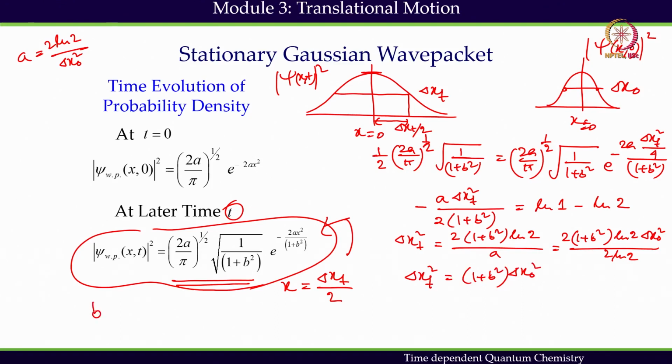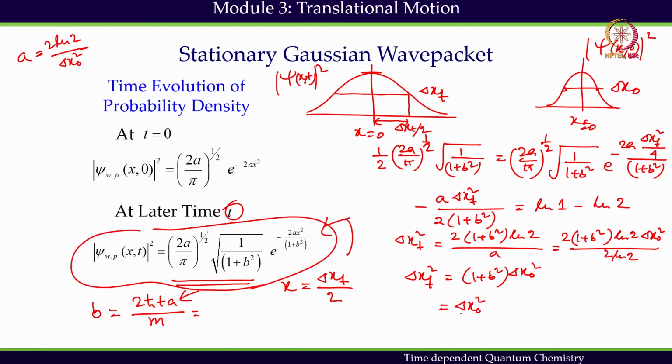And we know that b we have already defined previously. B was 2 h cut t a by m. We know a, we can plug that in. So finally, if we insert all these values, b value, then I get this expression delta x naught square.